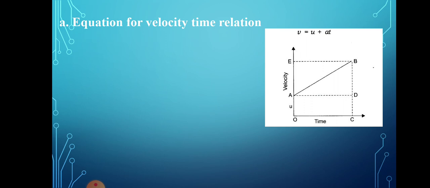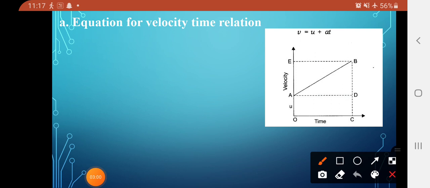So dear students, we have a graph, drawn as velocity versus time. A is the initial point, the initial velocity of the particular object. In a short interval of time, the object reaches the B position.